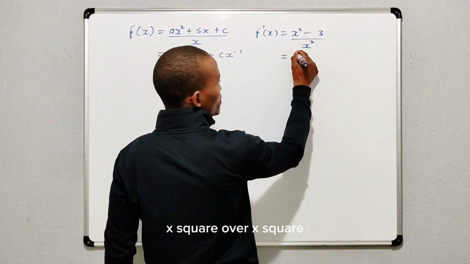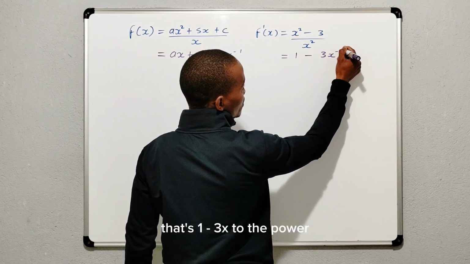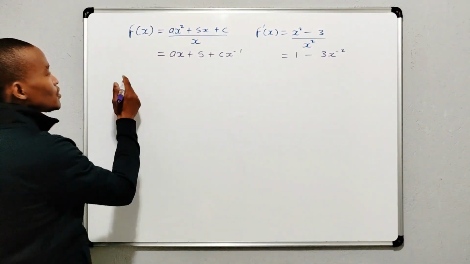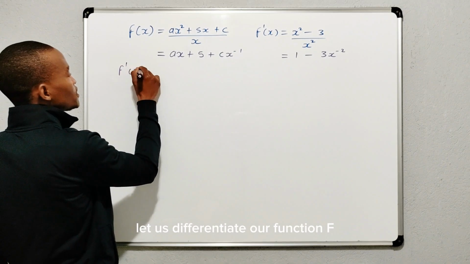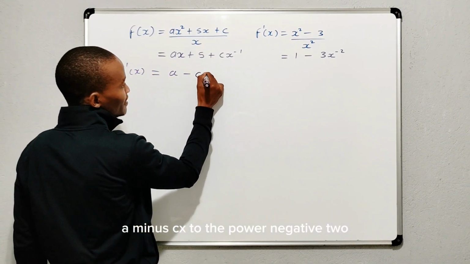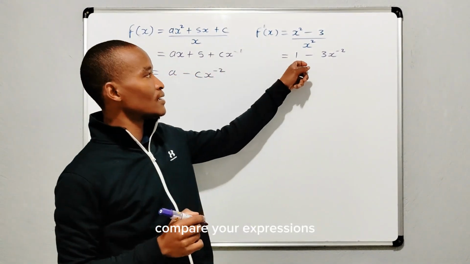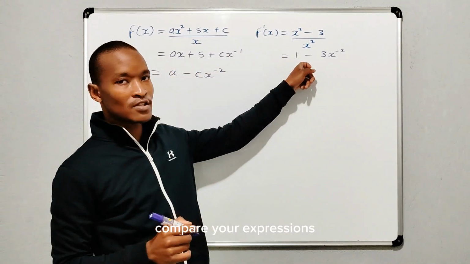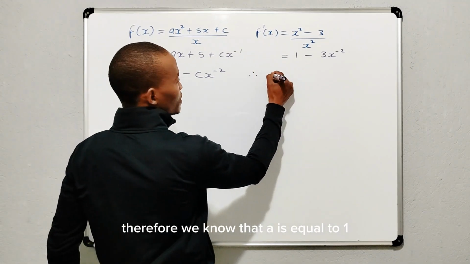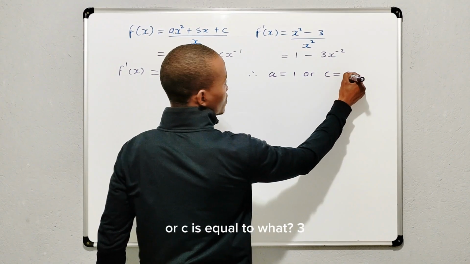So x over x squared, that's 1 minus 3x to the power negative 2. Okay, so let us differentiate our function f. What do we get? a minus c x to the power negative 2. Compare your expressions that represent your derivative. Okay, so therefore we know that a is equal to 1 and c is equal to 3.